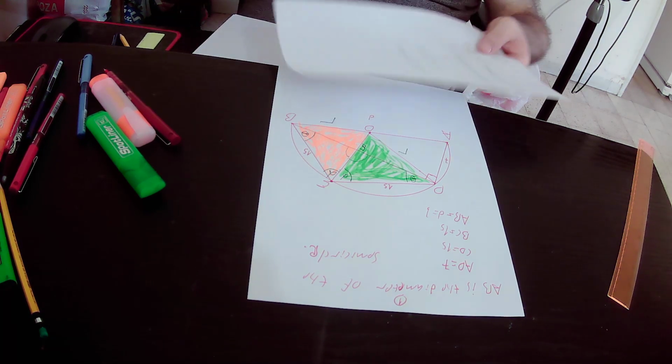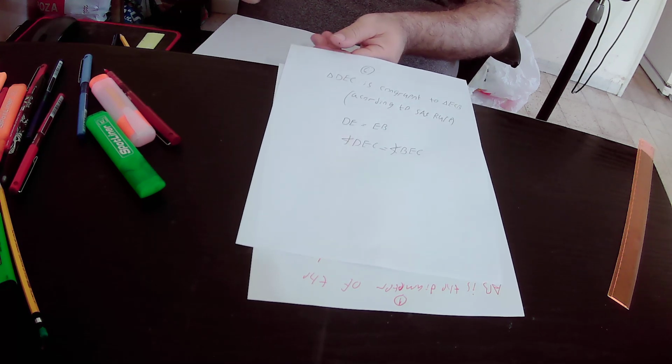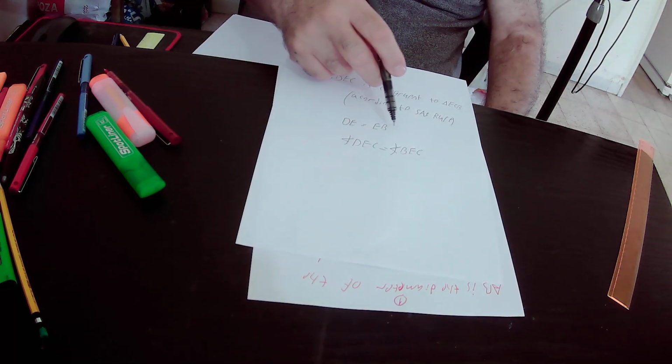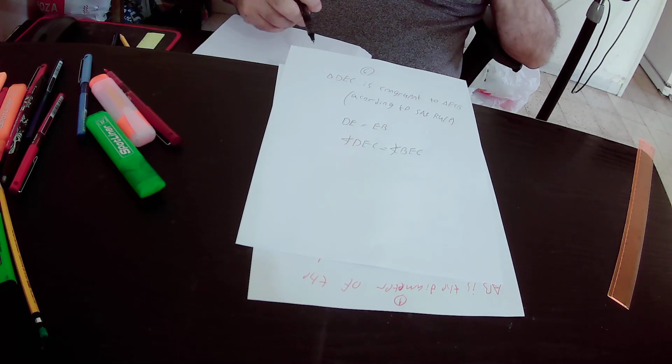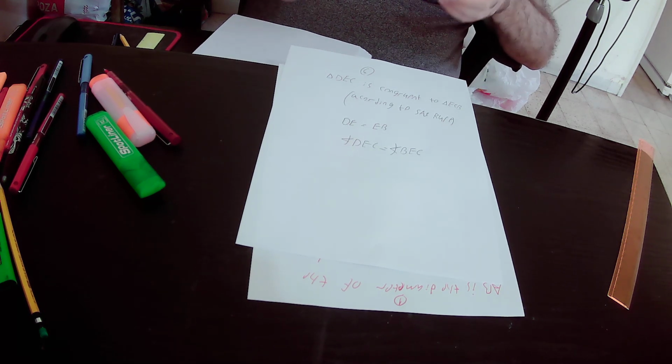Okay, again, angle DEC in the green triangle is equal to angle BEC in the orange triangle, according to the rule that corresponding angles in congruent triangles are equal to each other.